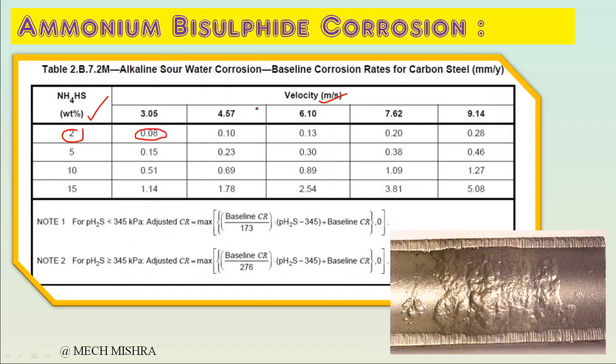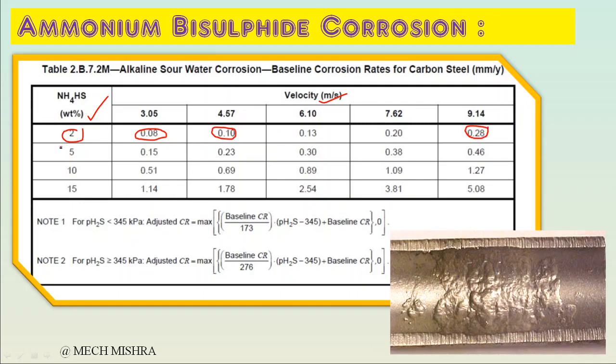If my velocity is 4.54 and NH4HS concentration is 2, then the corrosion rate will be 0.1 mm per year. As you see, as velocity increases at the same concentration, the corrosion rate increases; at 9 meters per second, the corrosion rate will be 0.28.